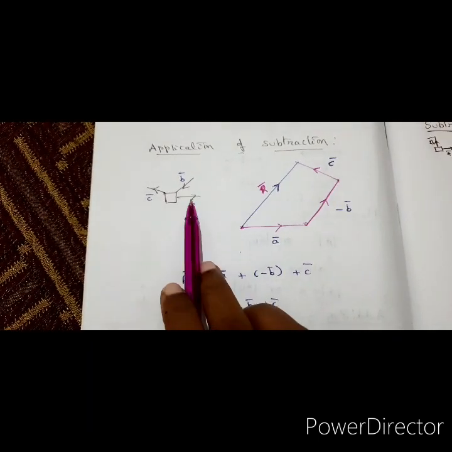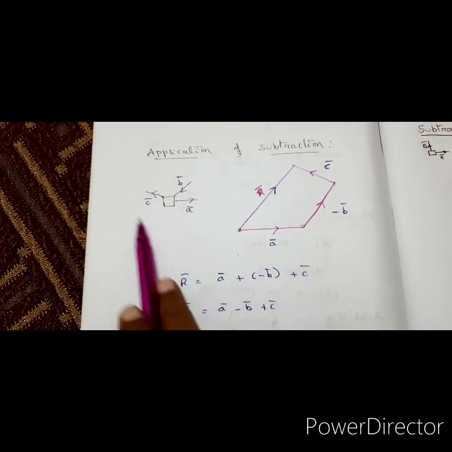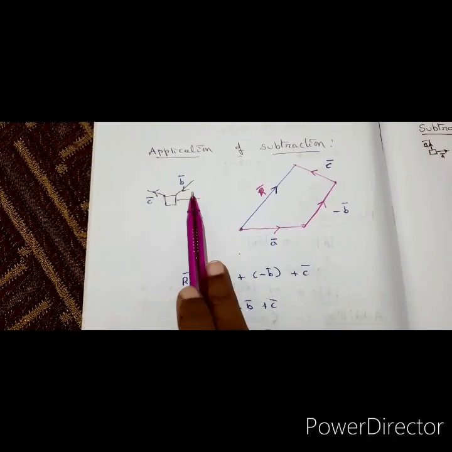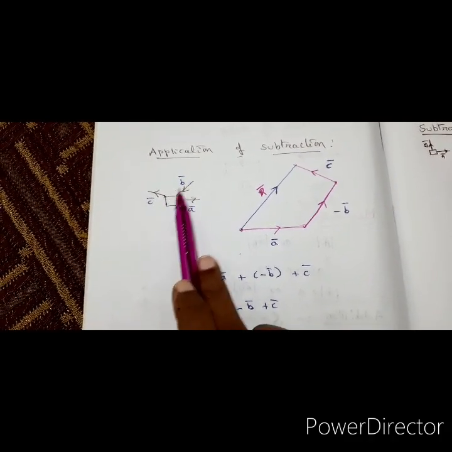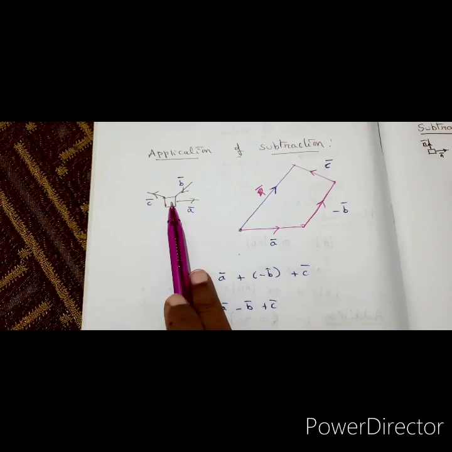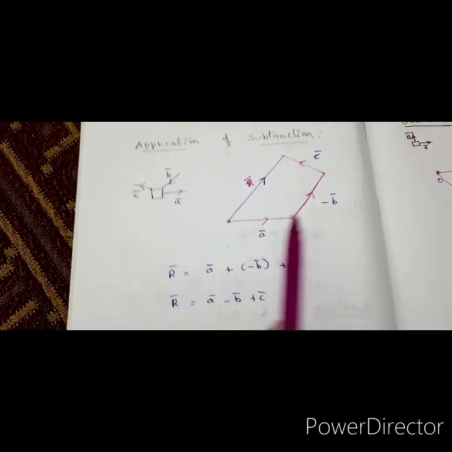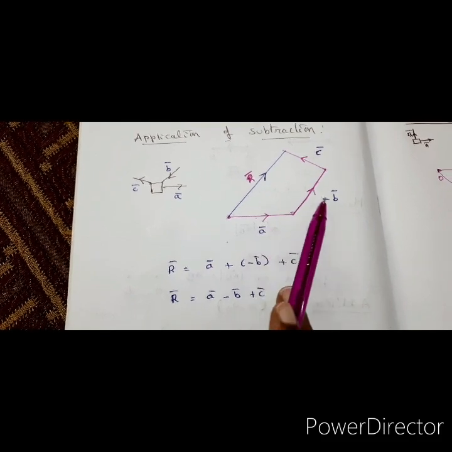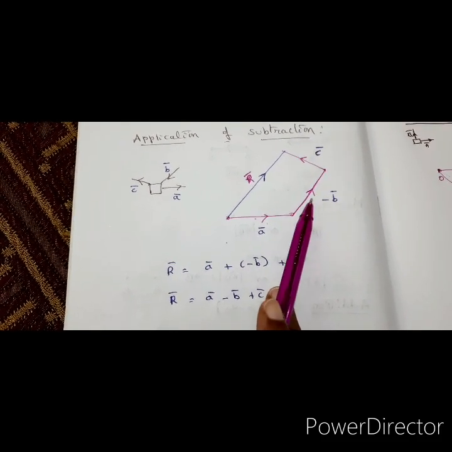Now suppose there are a number of vectors given like this. Can you observe the directions here? Two directions are away from the point of application and one is towards it. Right. So now here draw the equal vector A bar, and the negative vector minus B bar. Can you observe?